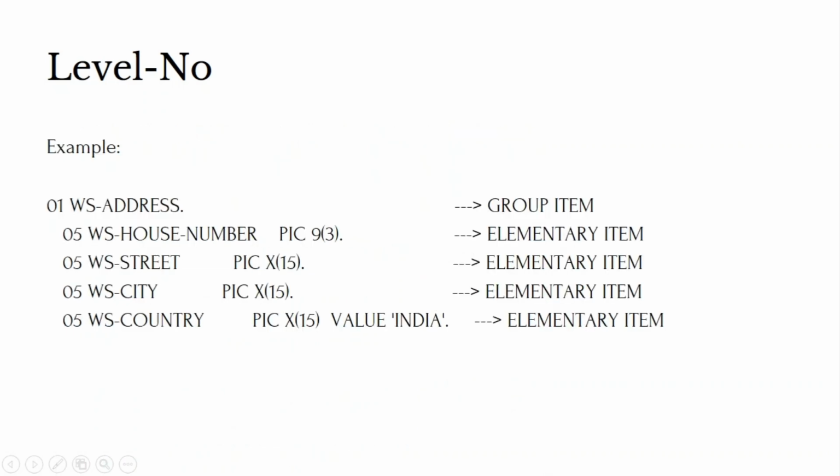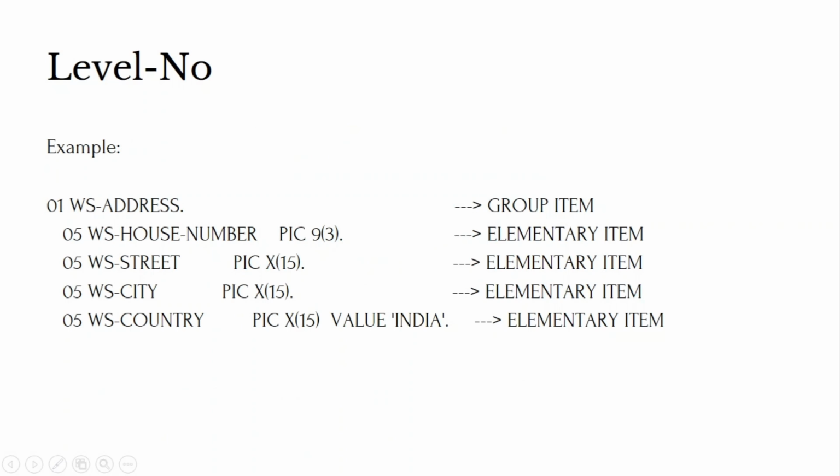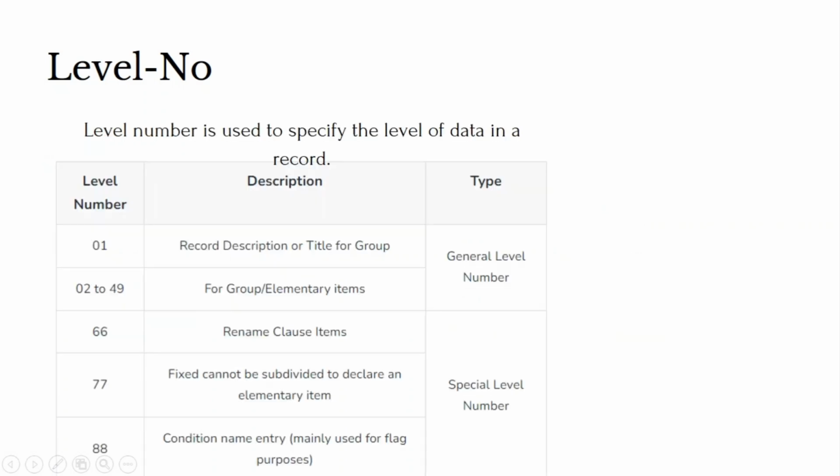For example, if this WS-ADDRESS were 77, we couldn't declare elementary items under it. Next, we have the 88 level number, which is used for condition names, since this is a condition level.